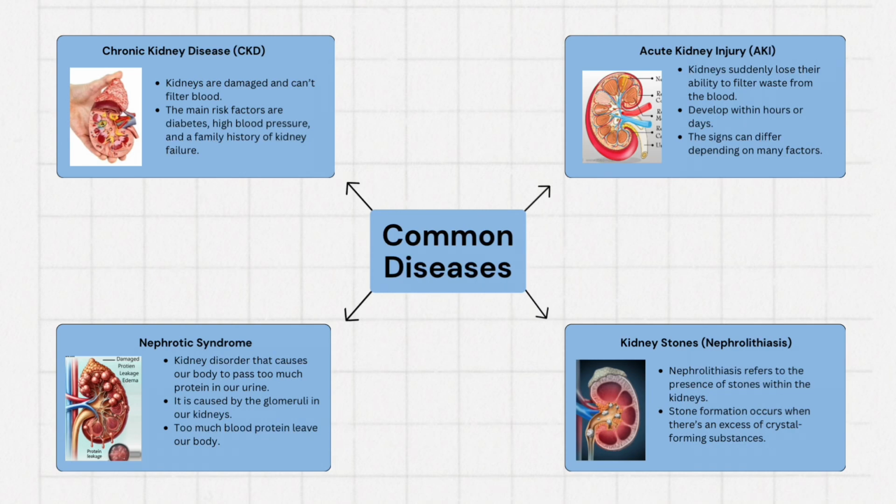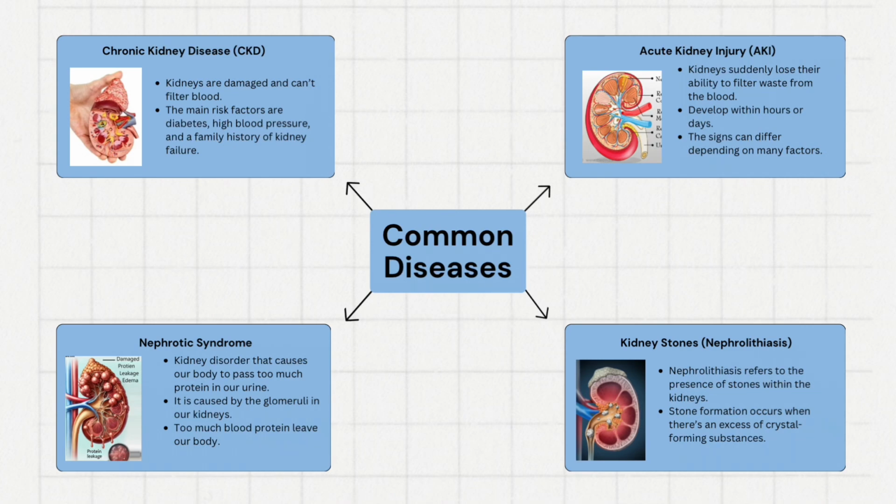Now, I want to talk about four common diseases related to the kidney. Firstly, chronic kidney disease, which is CKD. CKD means our kidneys are damaged and can't filter blood the way they should. The main risk factors for developing kidney disease are diabetes, high blood pressure, and a family history of kidney failure.